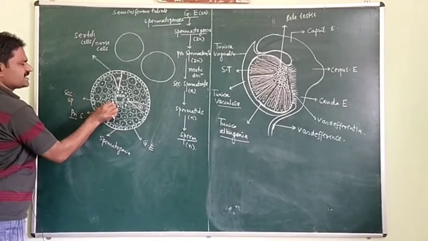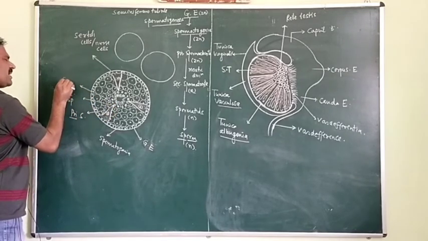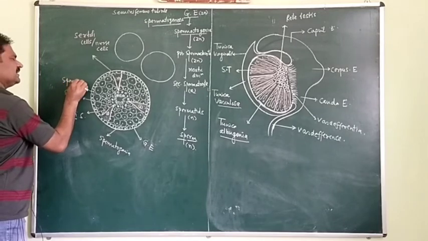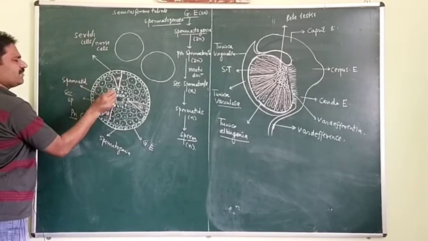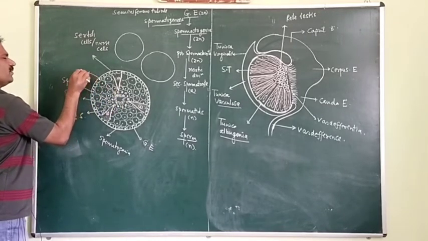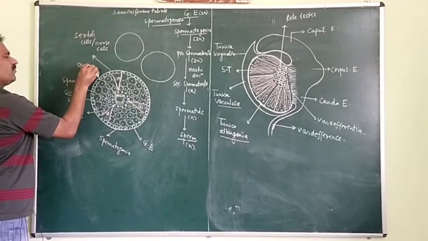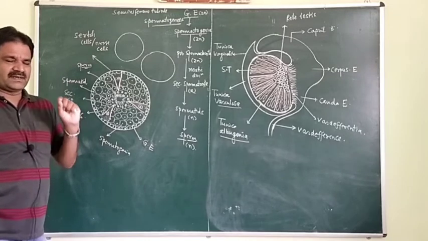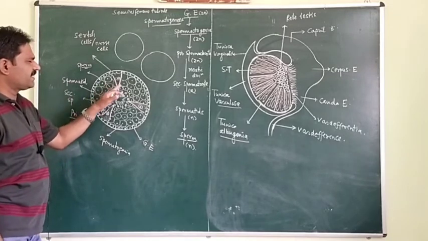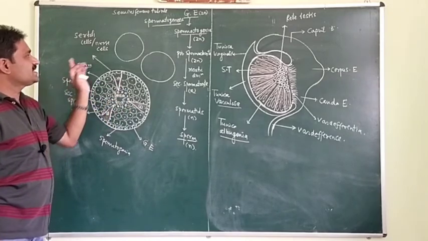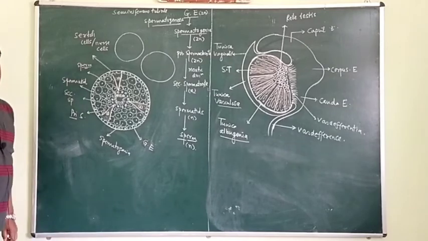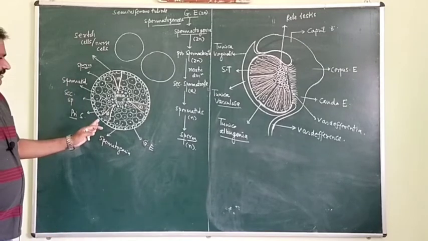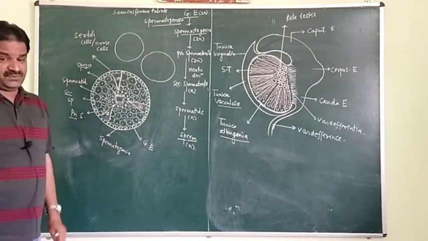Secondary spermatocyte divides to form spermatid, and finally the spermatid transforms into a sperm. For this process, nourishment is required, and that is fulfilled by the Sertoli cell or nurse cell. This is a single seminiferous tubule.